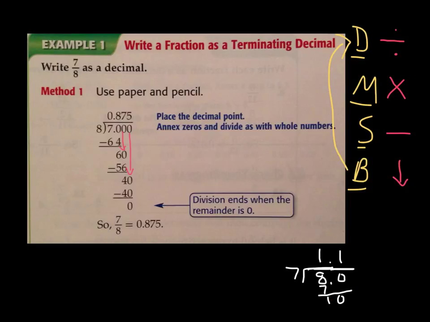So if I start this problem and I see I've got 1 whole here, that should be my clue that, oop, I made a mistake, because I know 7/8 is less than 1 whole.